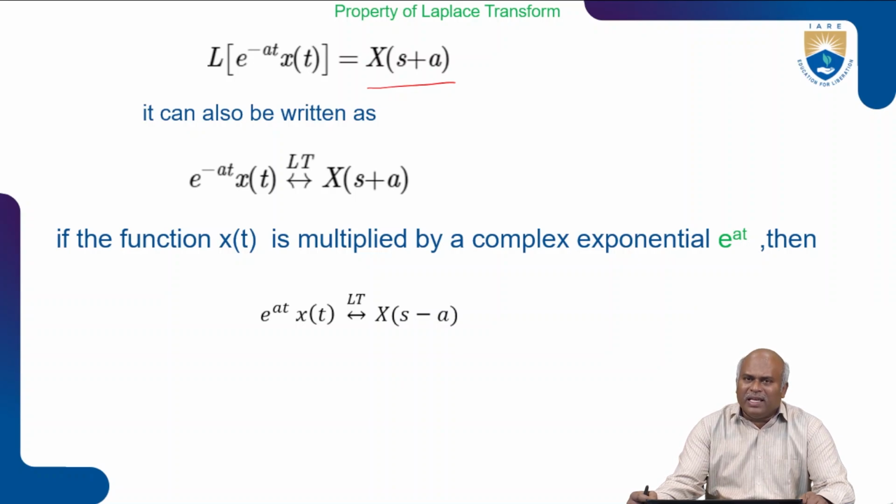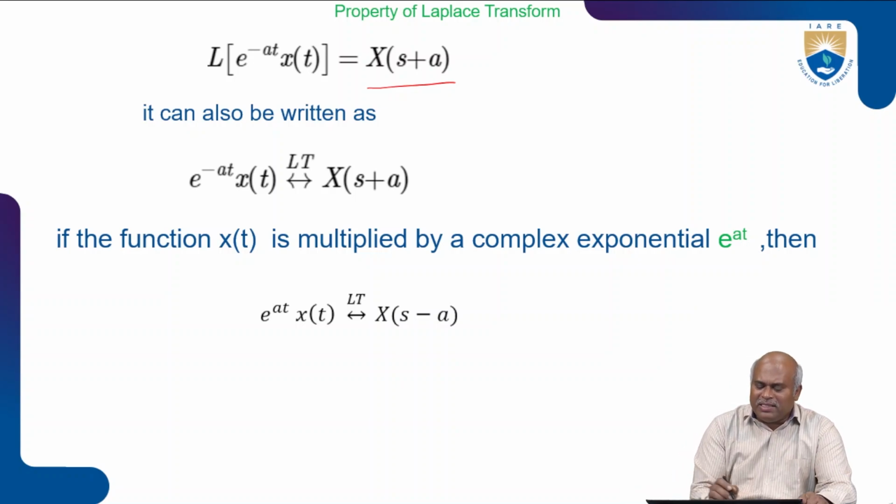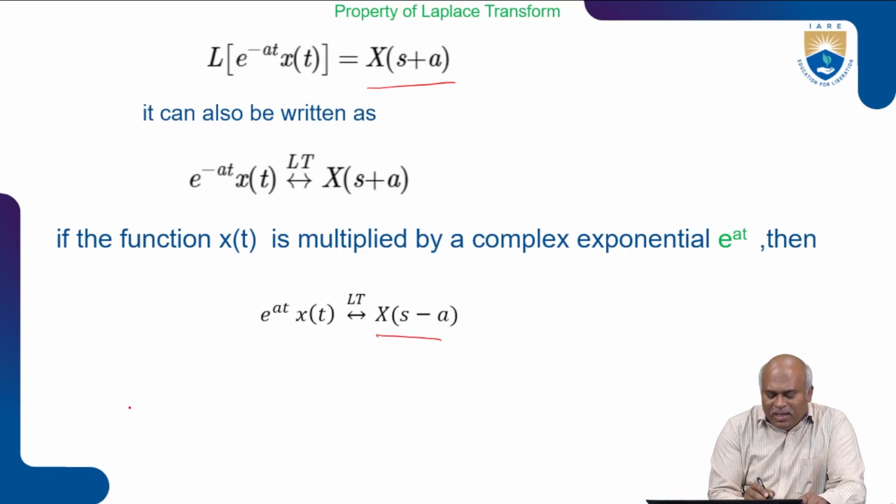If the function x of t is multiplied by the complex exponential value e power at, then its produced output is represented as x of s minus a. I should write here both: the Laplace transform of the time signal multiplied with e power at, in terms of x of t in the input.